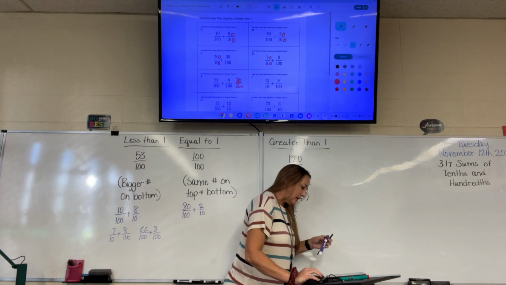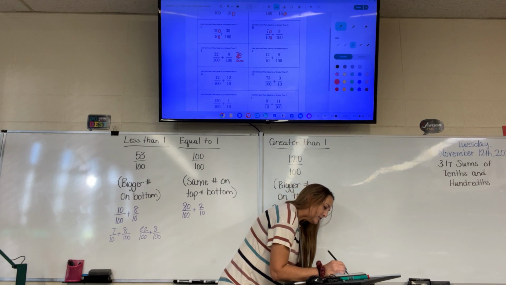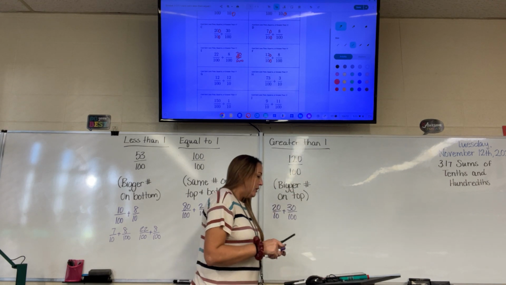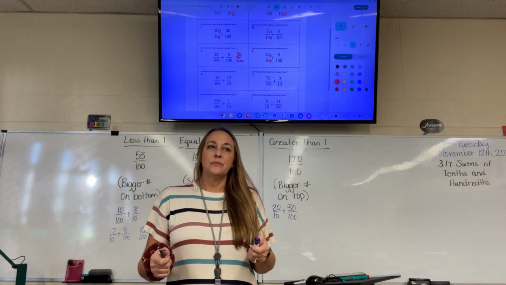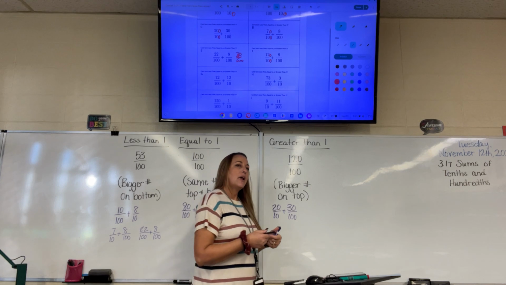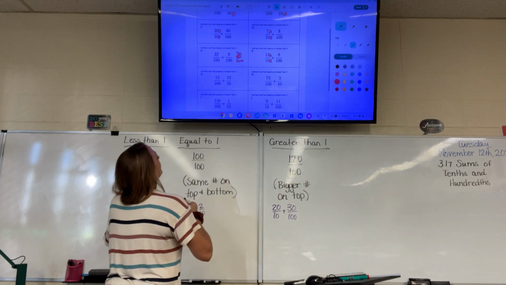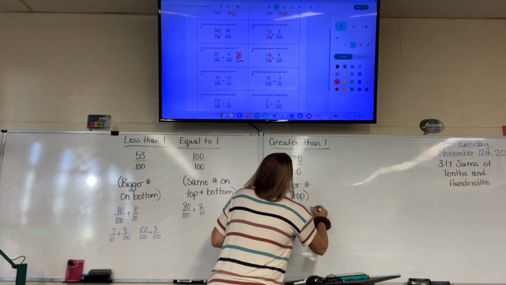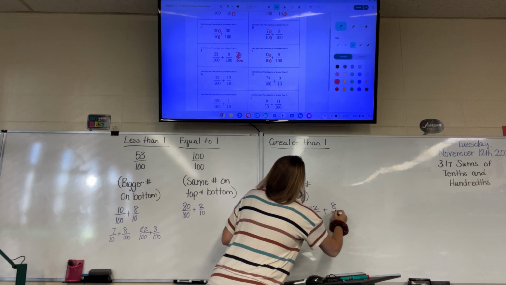On the next one, we have 12 tenths and 8 hundredths. So 12 and 10 both need a 0. What is 120 plus 8? Ari? 128 hundredths. So that would be over here in the greater than, 12 tenths plus 8 hundredths.